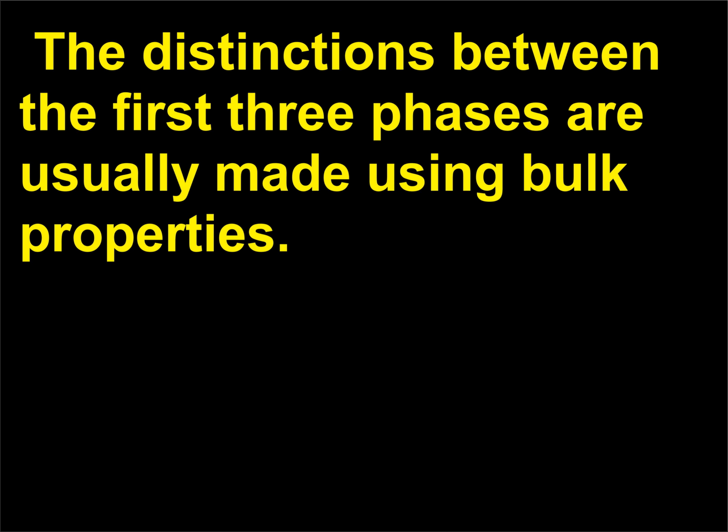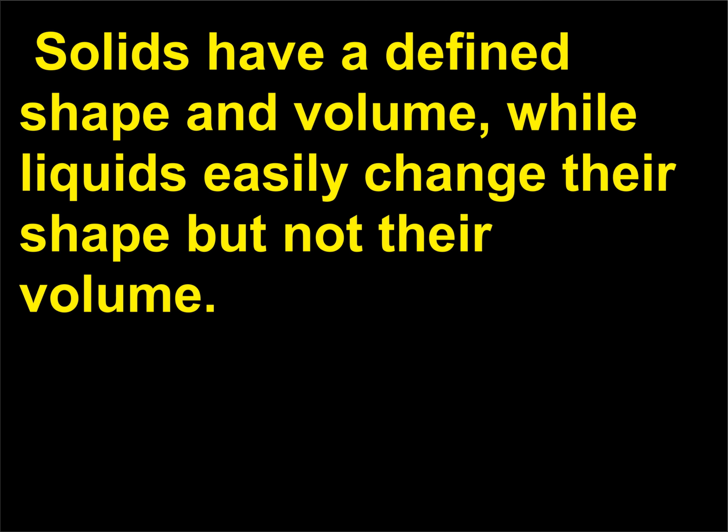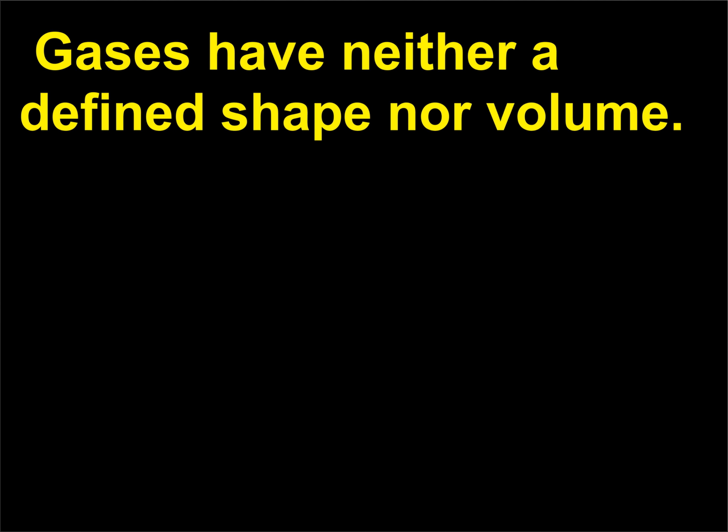The distinctions between the first three phases are usually made using bulk properties. Solids have a defined shape and volume, while liquids easily change their shape but not their volume. Gases have neither a defined shape nor volume.